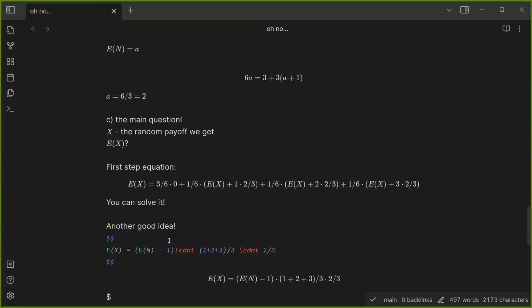Yes, I agree, that's also a valid approach. First, you accumulate money in the pot, and then a lottery with chance 2 over 3: either you win the pot, or you don't.